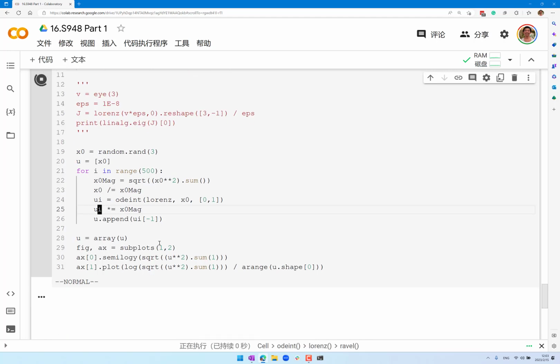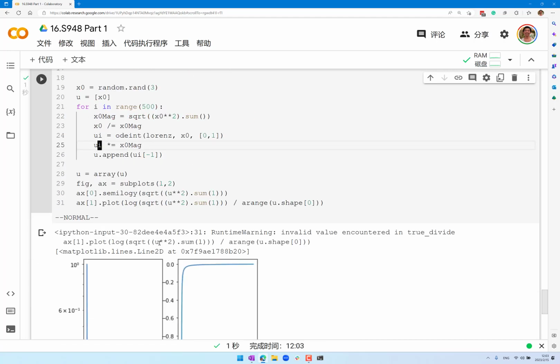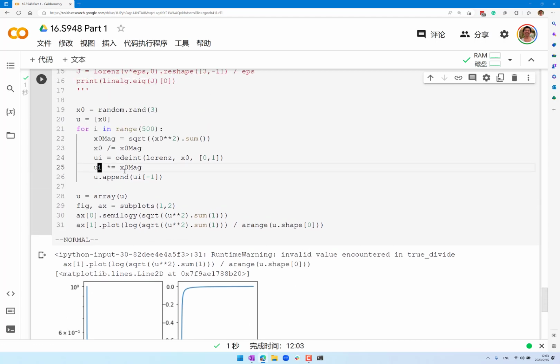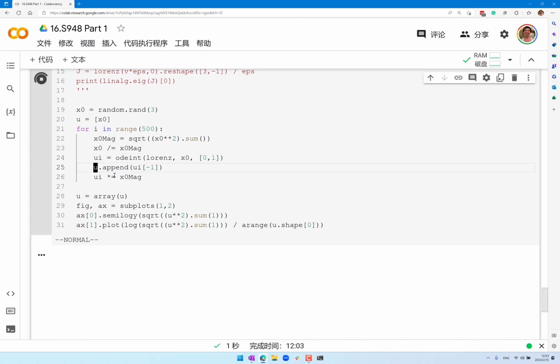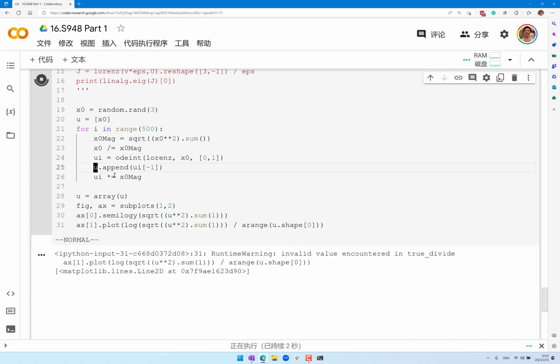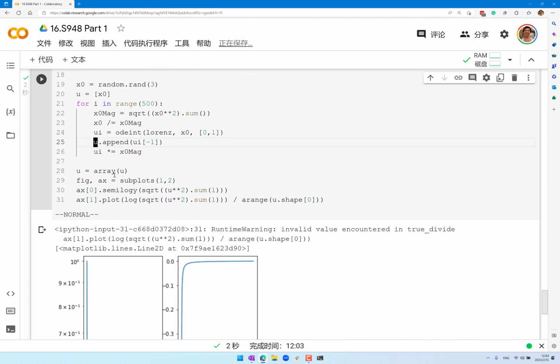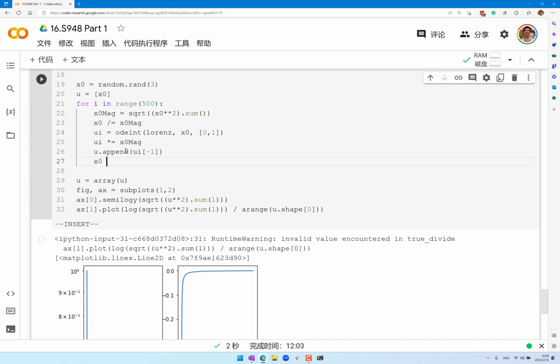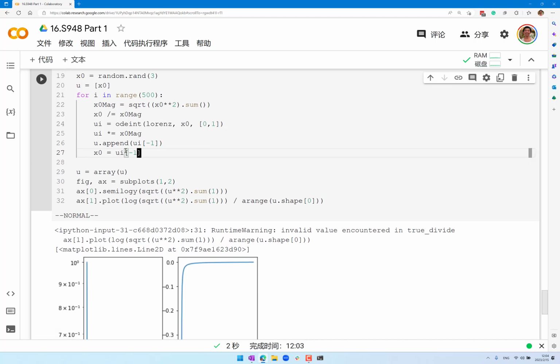Okay, so this is basically our linearity assumption. Oh, okay, so I should be appending this before I renormalized it, right? One second. No, did I update x0? Oh yeah, I didn't, right, thanks. So x0 would be ui minus 1, right?